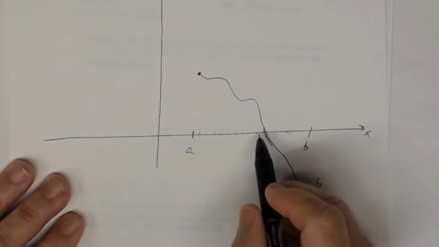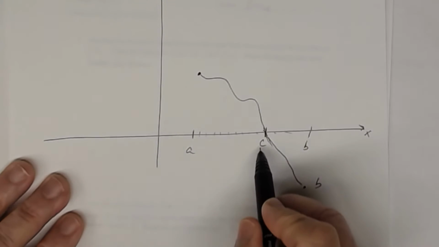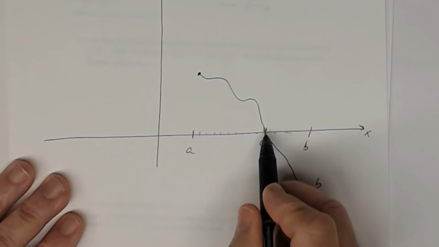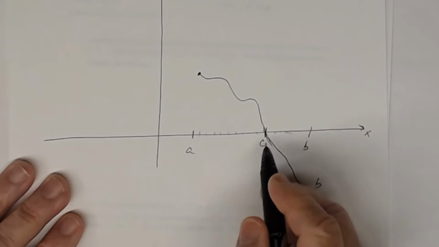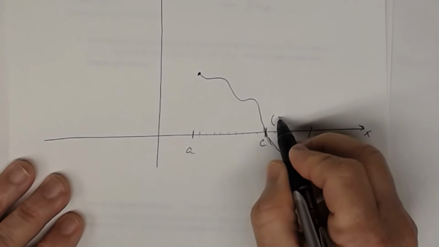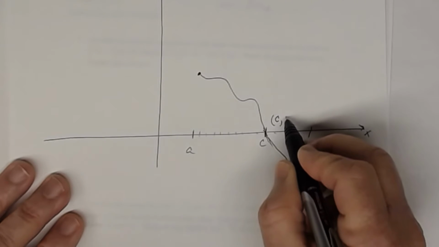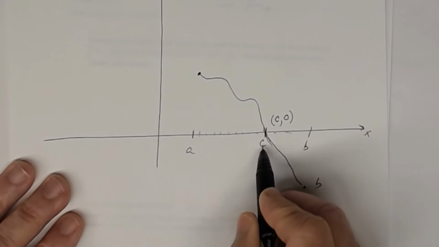In particular, this is c right here, where the graph crosses the x-axis. That means my x-coordinate is c and my y-coordinate is 0.